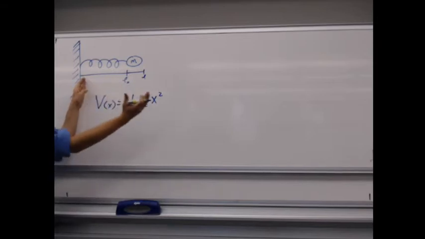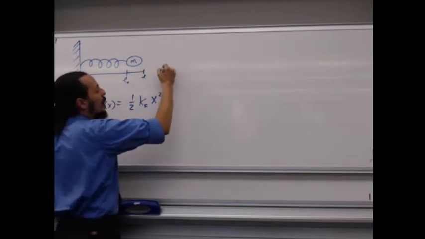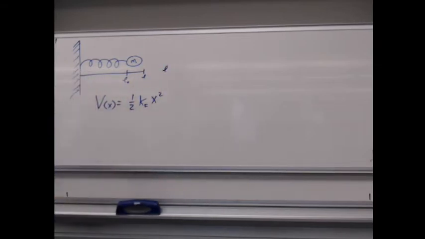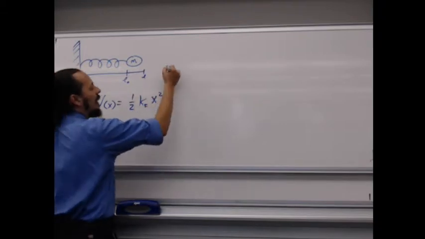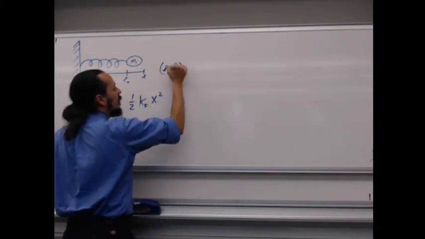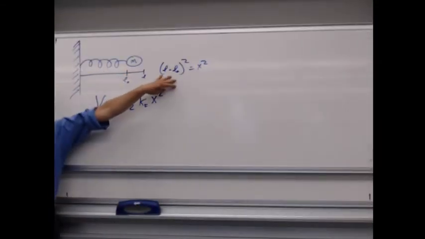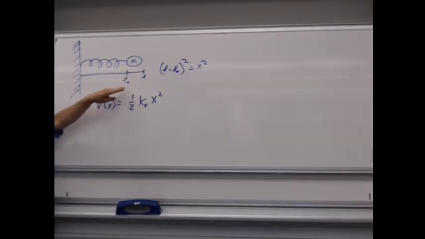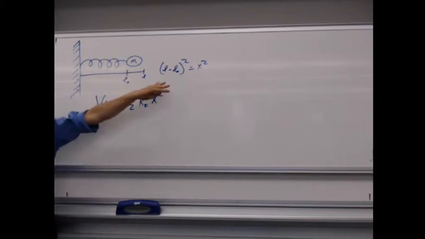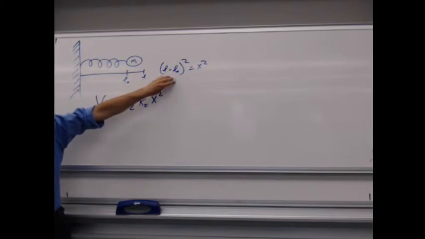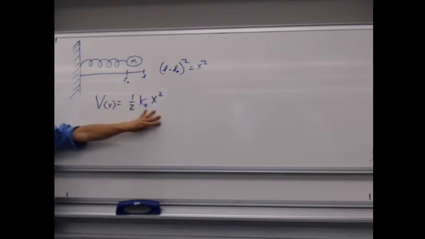The spring's always related to the equilibrium length, but we're going to define (L minus L naught) squared equals x squared. So we're essentially redefining our coordinates to set the equilibrium length to 0, and the equilibrium length is buried inside here.